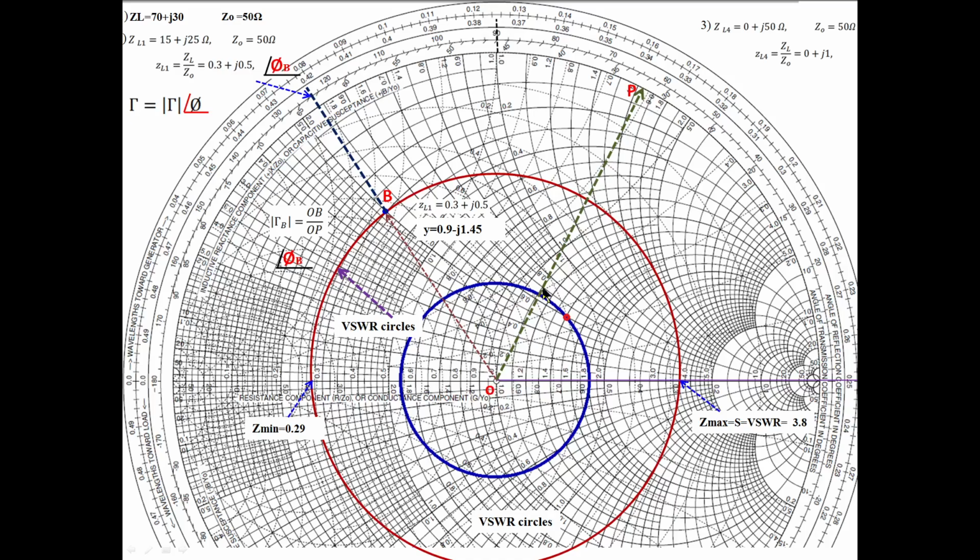That distance is OP. On whichever Smith chart you are using, measure the distance from the center to there as OP, and from the center to the load point as OB. Take the ratio, which gives the magnitude of the reflection coefficient.